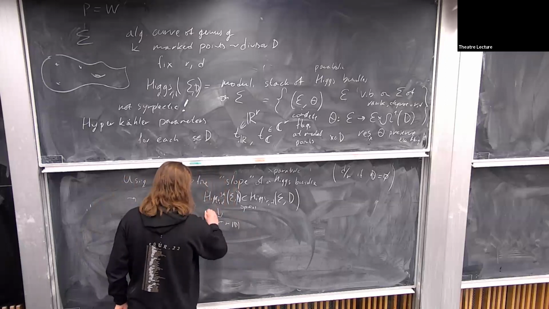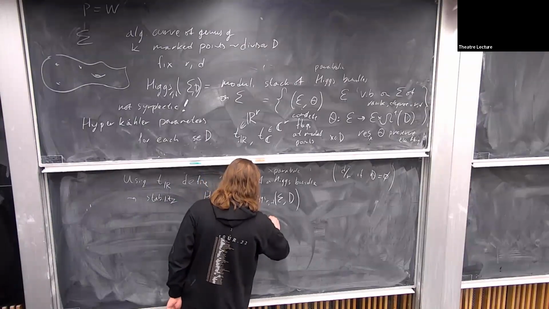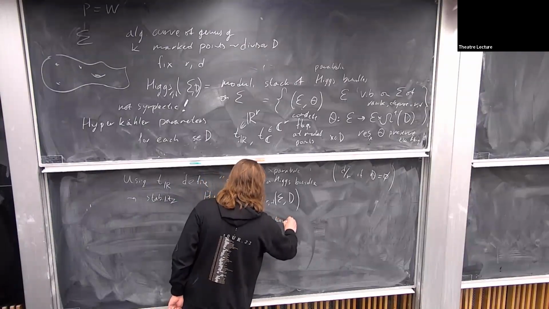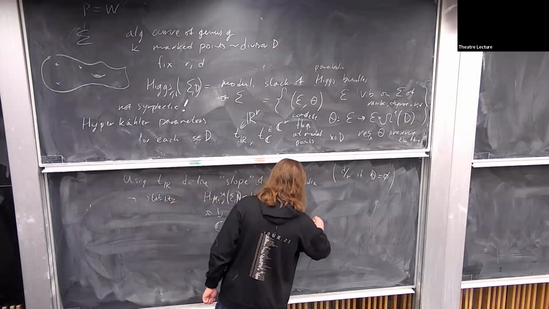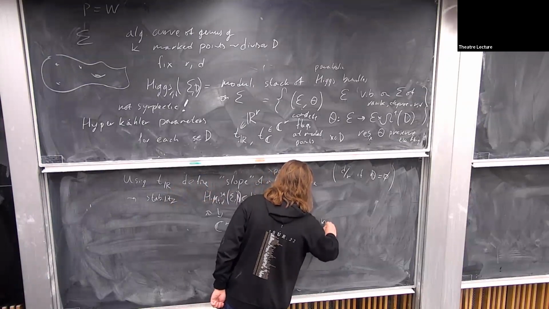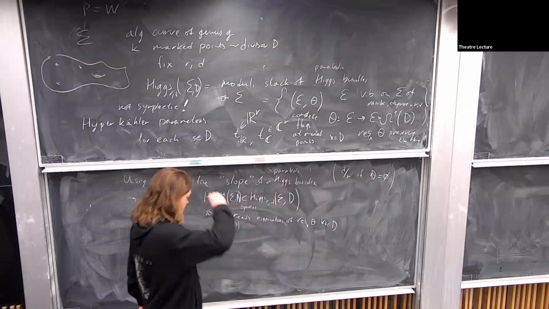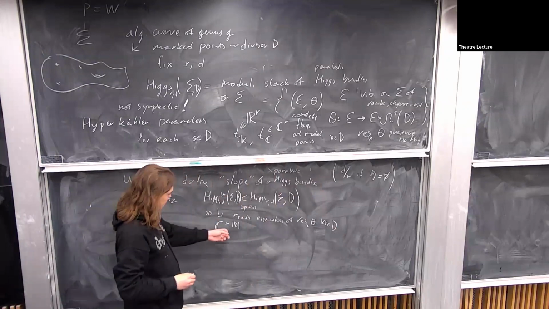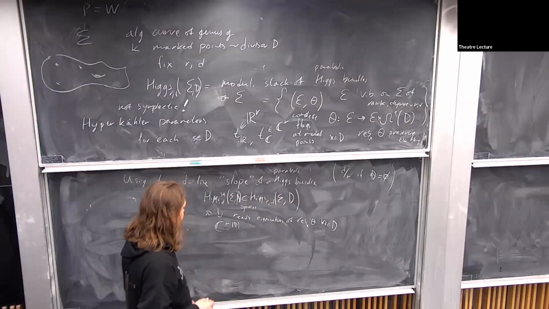This map reads eigenvalues of this residue of theta for each point in the divisor. So you get R numbers for each point of the divisor.